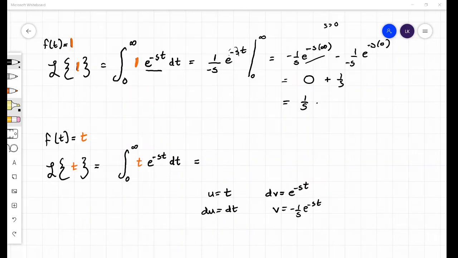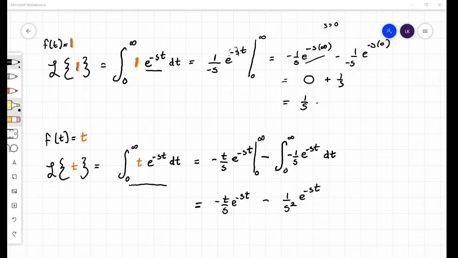Next, let's find the Laplace transform of the polynomial f of t equals t. We'd use integration by parts to compute the integral. We get u times v minus the integral of v times du from 0 to infinity.